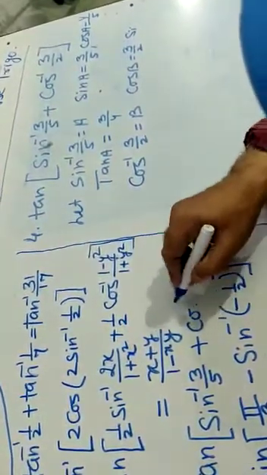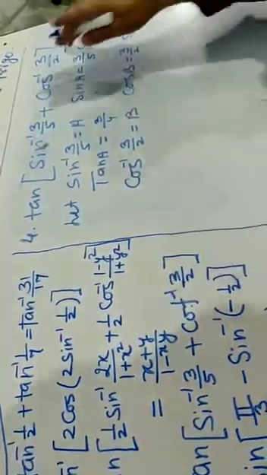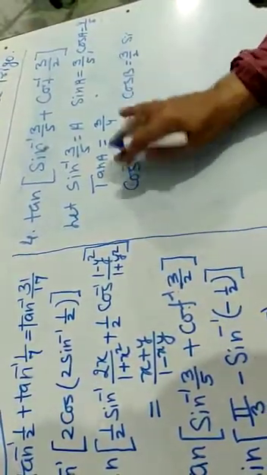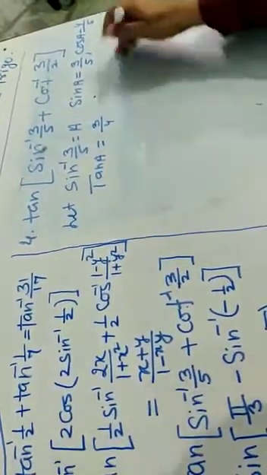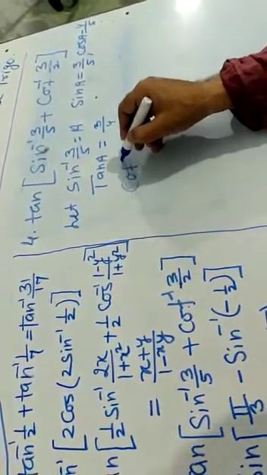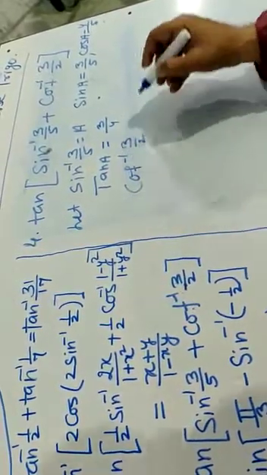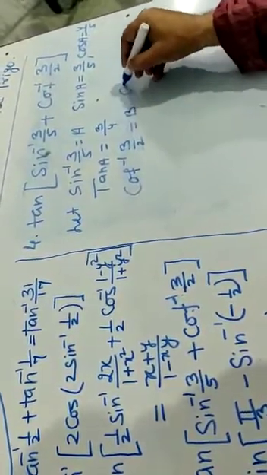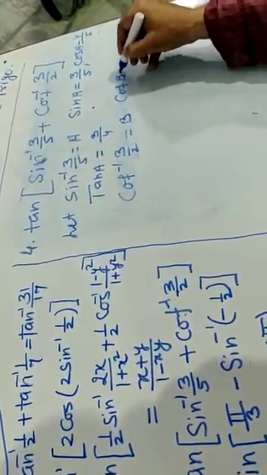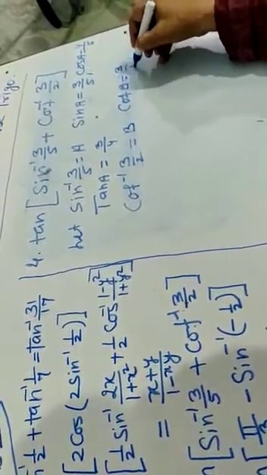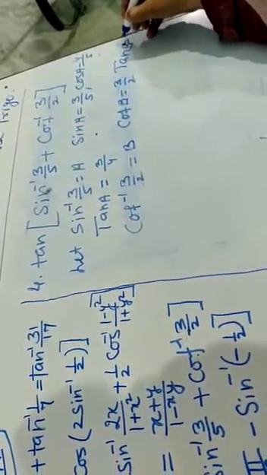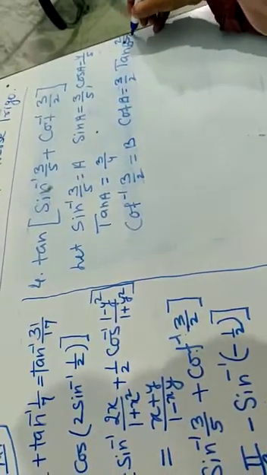This will be in the form of cot inverse: cot inverse 3 by 2 equals b, so cot b equals 3 by 2, and so you write tan b equals 2 by 3.